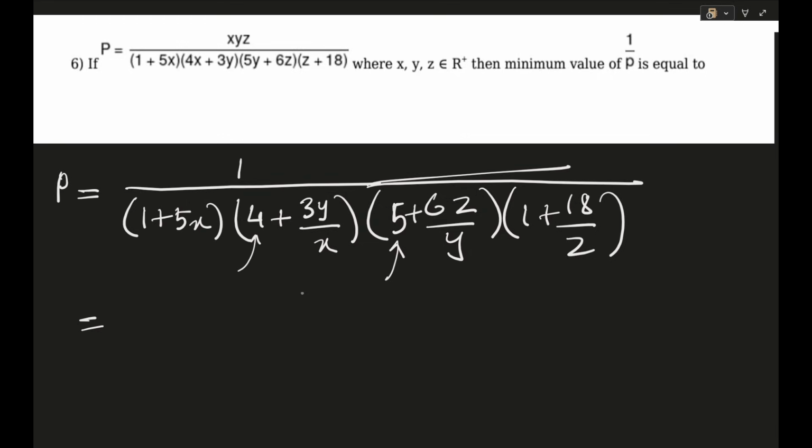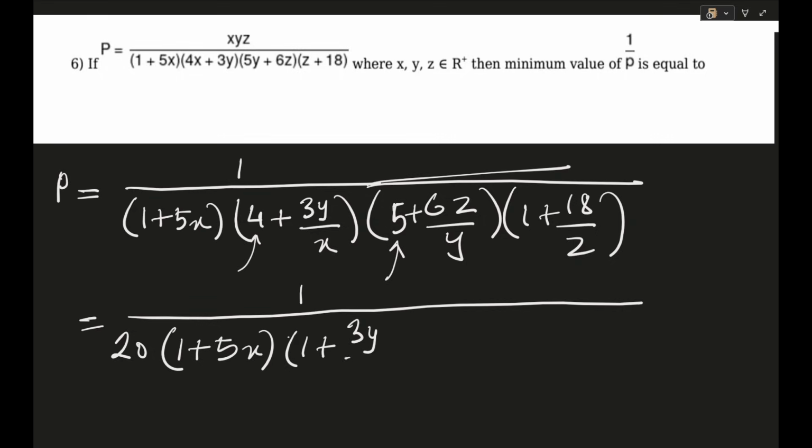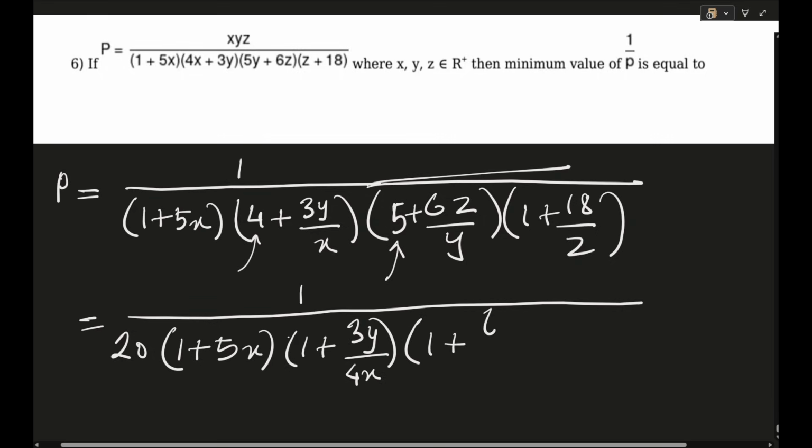I want to make them 1. So I will make this 1 whole divided by 20 and multiplied by 1 plus 5x. After that you will have your 1 plus 3y by 4x. You will have 1 plus 6z by 5y and 1 plus 18 by z.